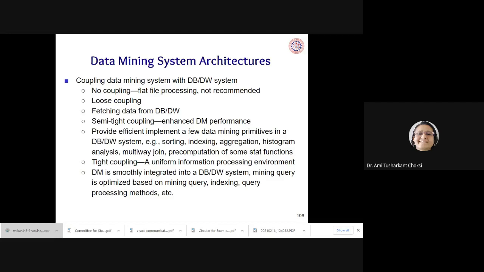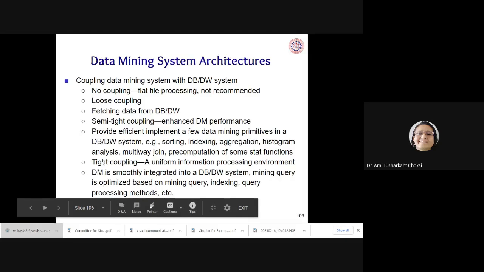Then we have tight coupling. There we have a uniform information processing environment. If you are tightly coupled to a database, then all the functionality of the database will be available to you. If you have tight coupling with a data warehouse, then all the things we have with our data warehouse will be available.